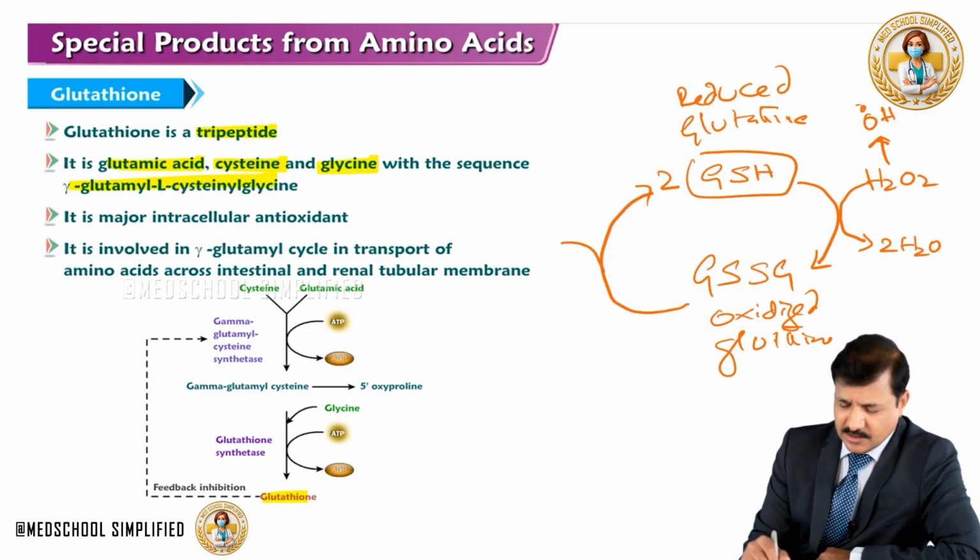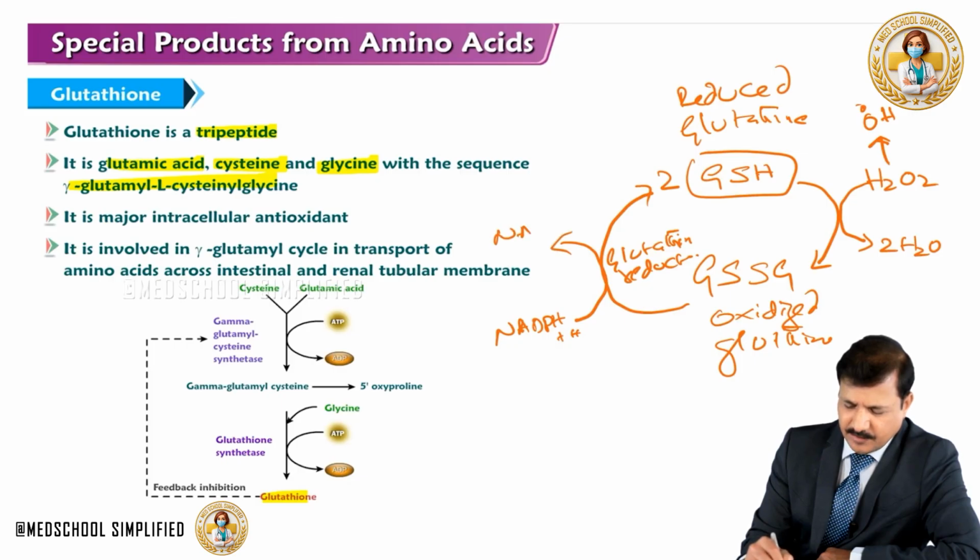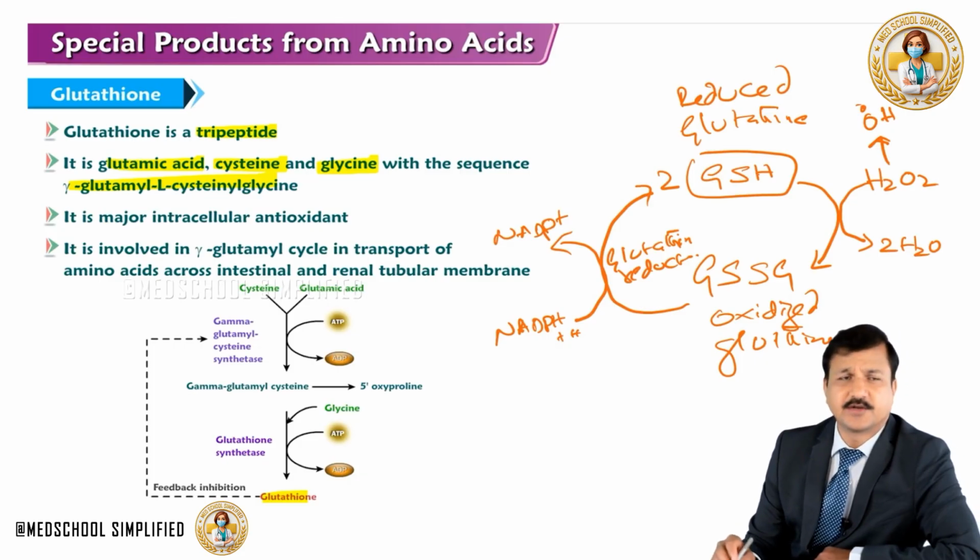Basically, it is reduced by the enzyme glutathione reductase. Glutathione reductase uses NADPH plus H plus as the reductant and releases it as NADP plus, while GSSG is converted to GSH.